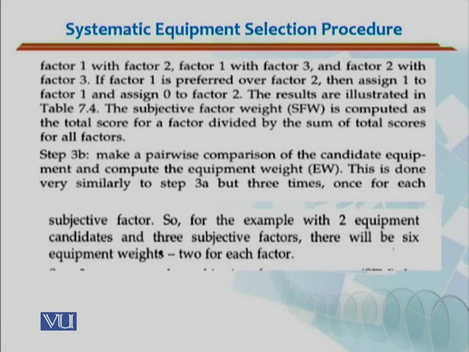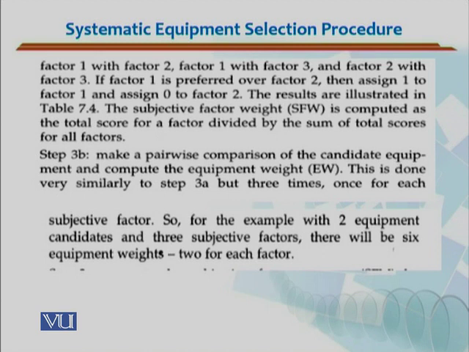Make a pairwise comparison of the candidate equipment and compute the equipment weight. First we found SFW, then we will find the equipment weight, that is EW. This is done very similarly to step 3A, but 3 times, once for each subjective factor.